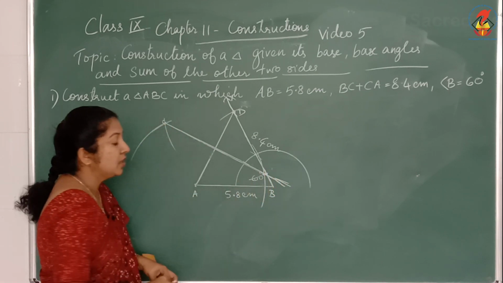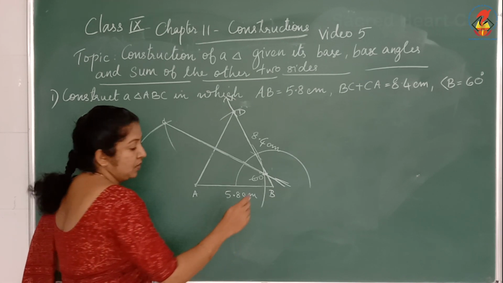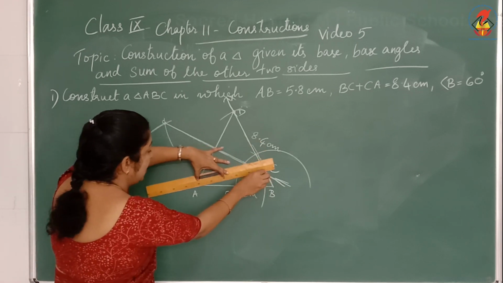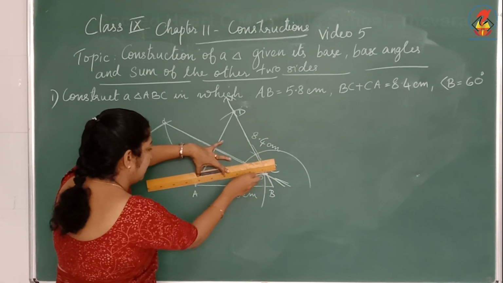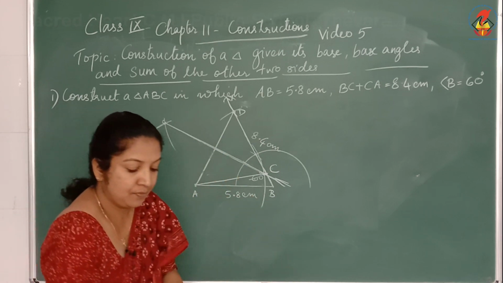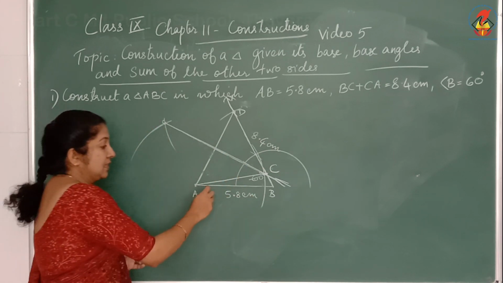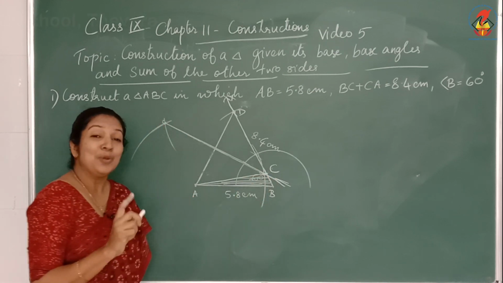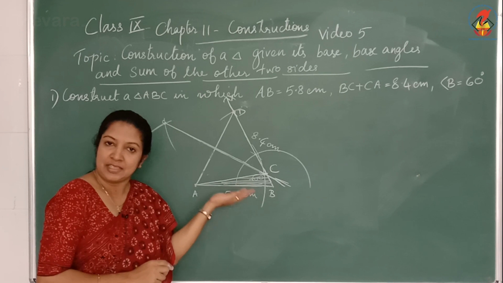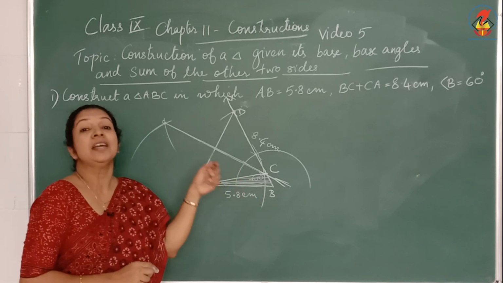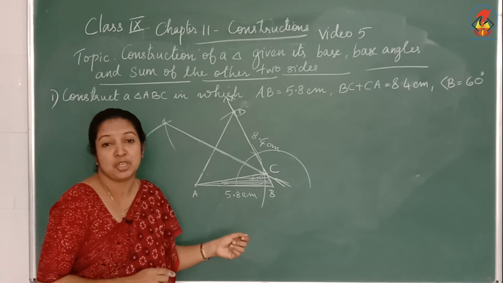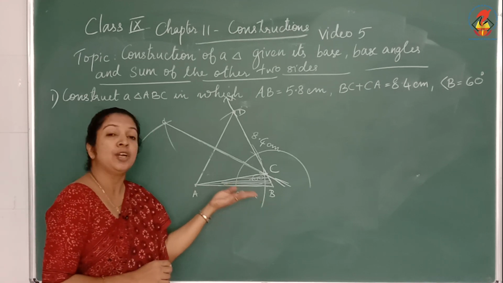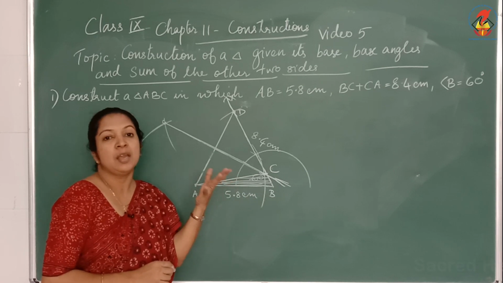This is touching here BD at C, you have to join A and C. This ABC is a required triangle. You will get another shape, not same shape but of different size, because I have not taken the correct measurement 5.8. If I have taken it, it will be very small. So I have just drawn AB. I am just saying about the steps only.